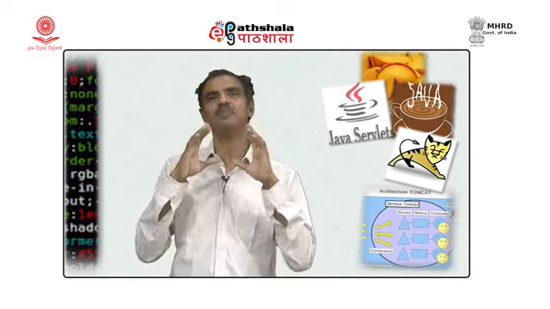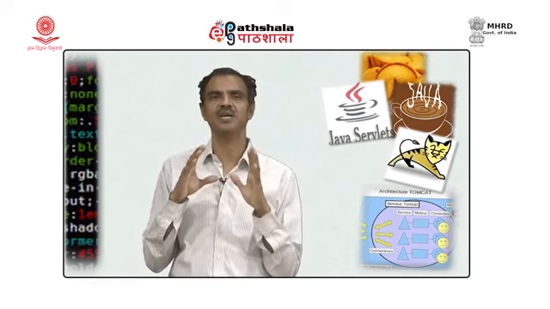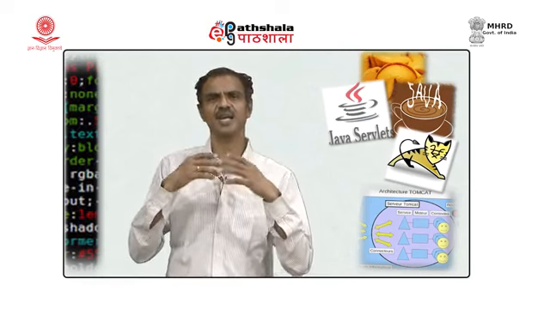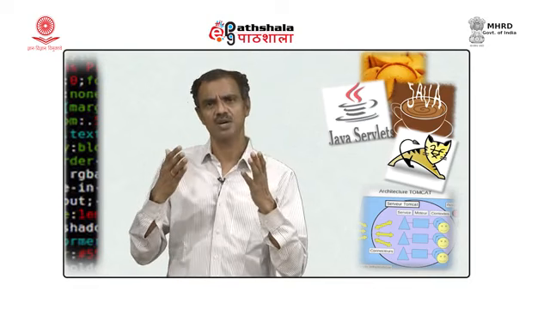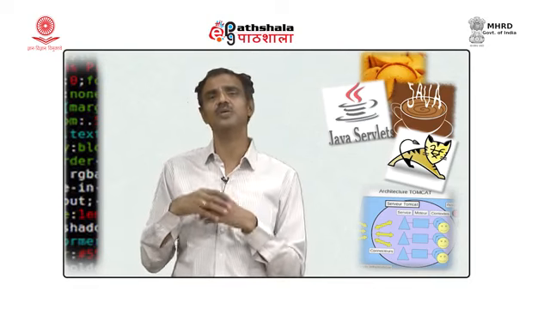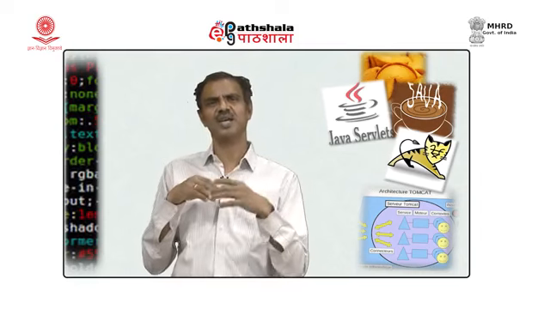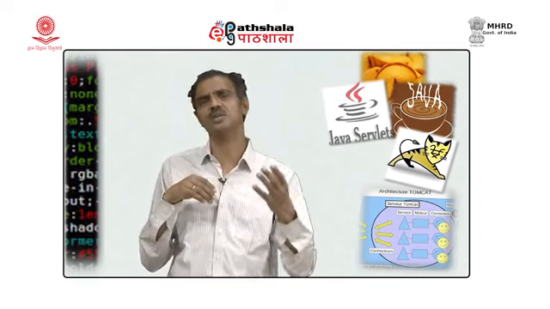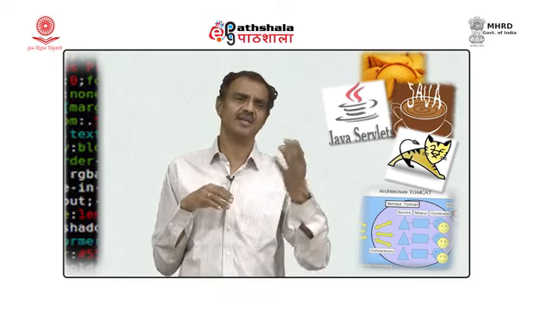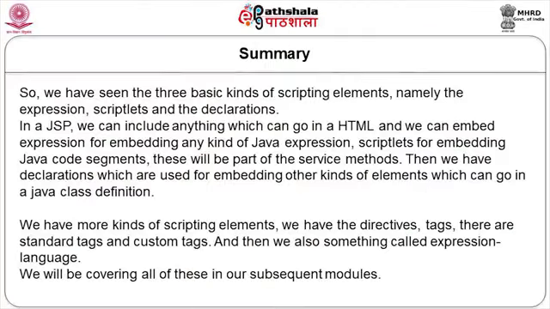The life of the page context is within the JSP. Later we will see there are certain other kinds of components which can also be included within a JSP. There will be a module which covers custom tags, and in custom tags we have a Java component being written.